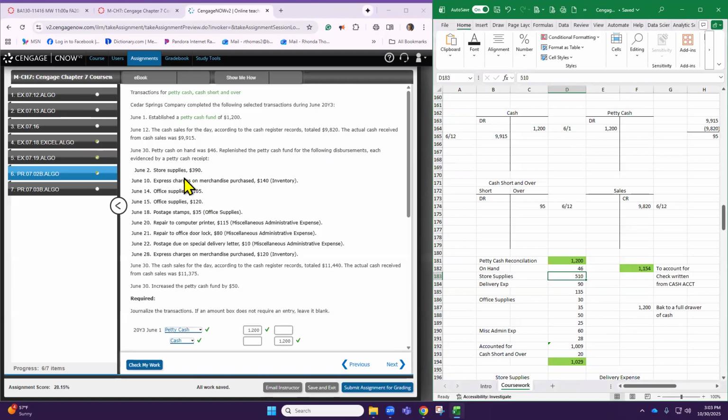Now be careful. Store supplies, it looks like there's only one. So it's $390. How about delivery expense? I'm looking. They tell you where to put it.